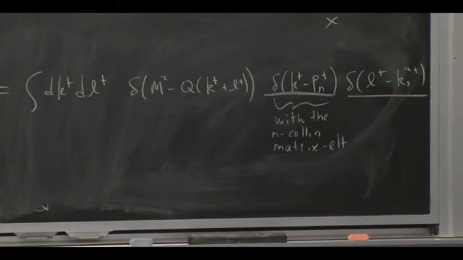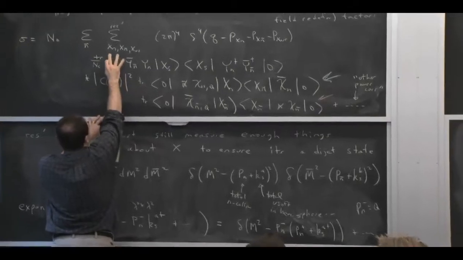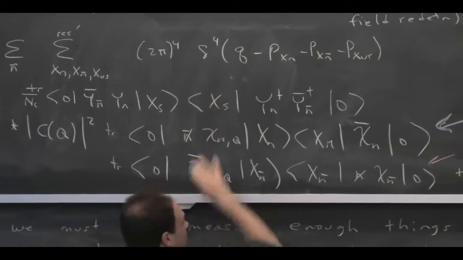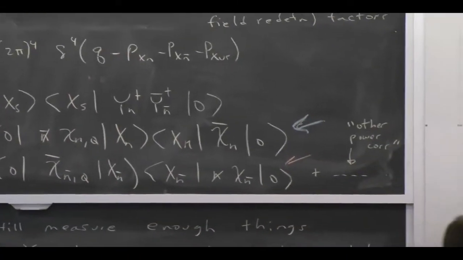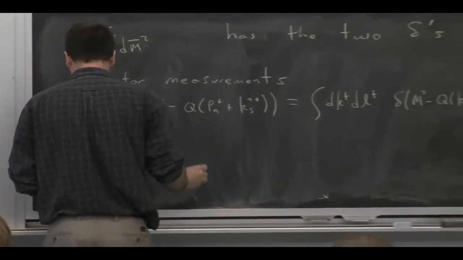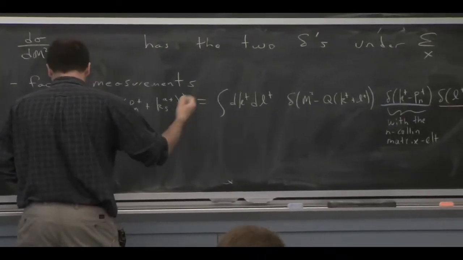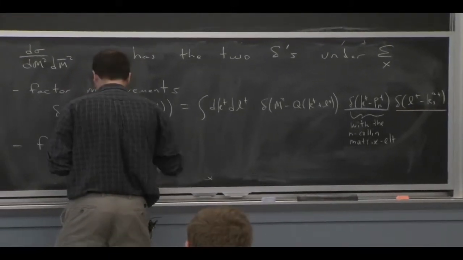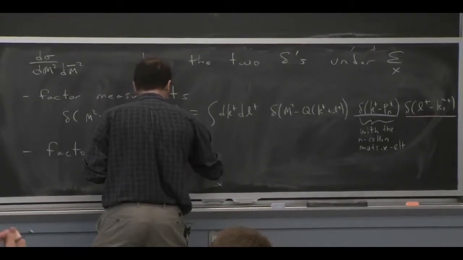So that's what I mean by factoring the measurement, that we can put the piece that depended on the state together, and then you can see that we can move our, well, okay, we have to also factor this delta function. I should say that too. That's the part that I'm not going to go through. But we can play similar games, expanding and factoring this delta 4 as well.